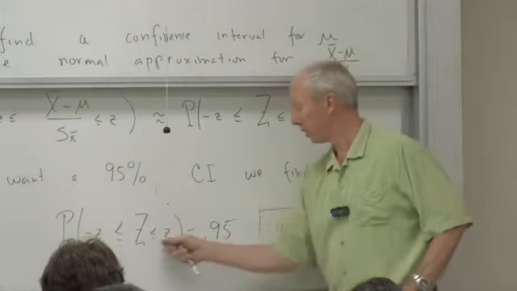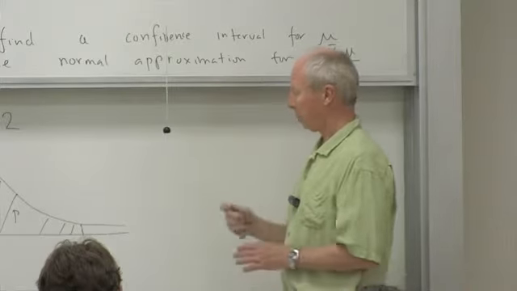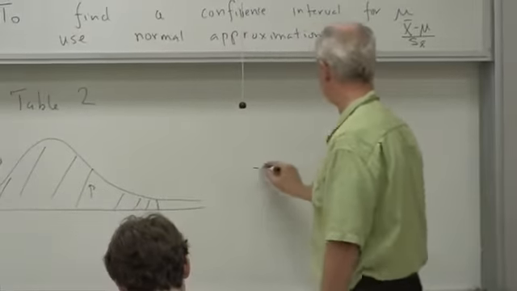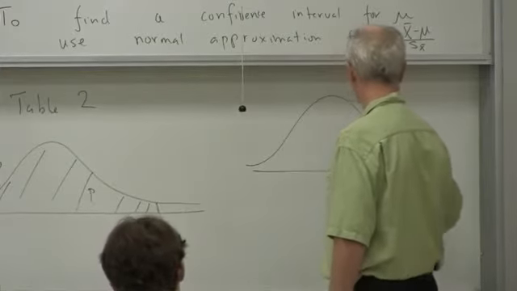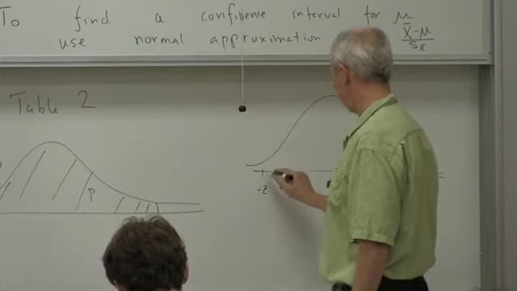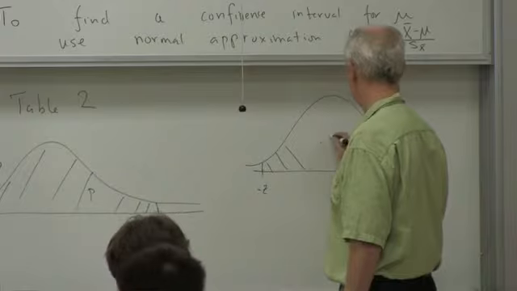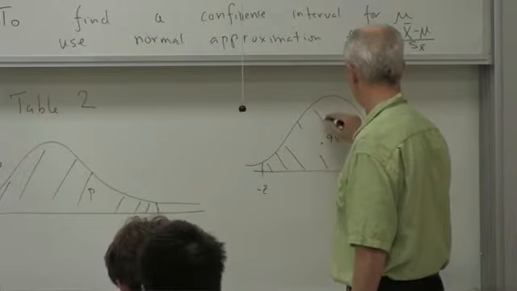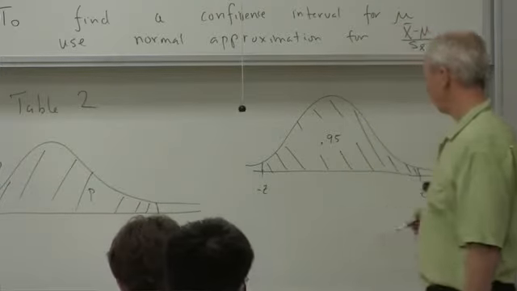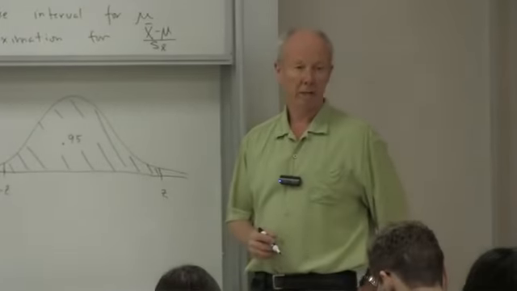So how can we find a little z so that this probability is 0.95? So in this picture, we want to find a little z, so this is capturing an area of size 0.95.